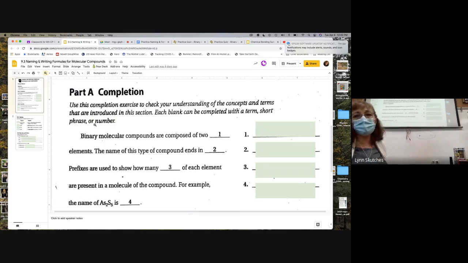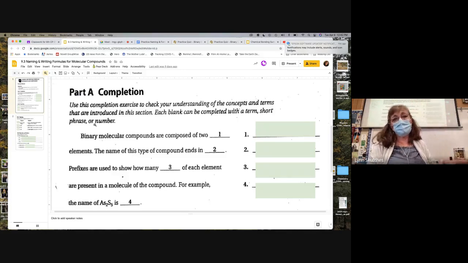Binary molecular compounds are composed of 2 what kind of elements? What are the 2 categories of elements? Well, technically there's 3. Binary molecular compounds are 2 nonmetals. There's metals on the left, metalloids on the zigzag, and nonmetals on the right. And these are 2 nonmetals.